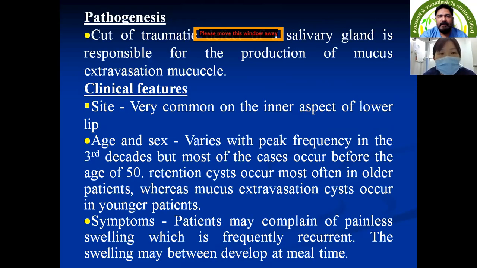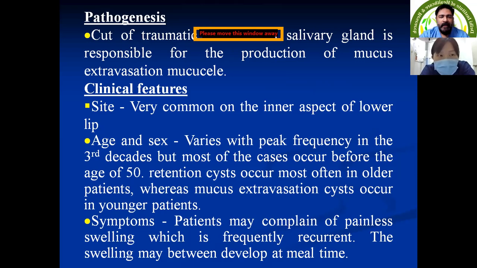Pathogenesis: the cut or traumatic defect of the salivary gland is responsible for the production of mucus extravasation mucocele. So these mucoceles have a high tendency to recurrence. Clinical feature: the site is very common in the inner aspect of the lower lip.